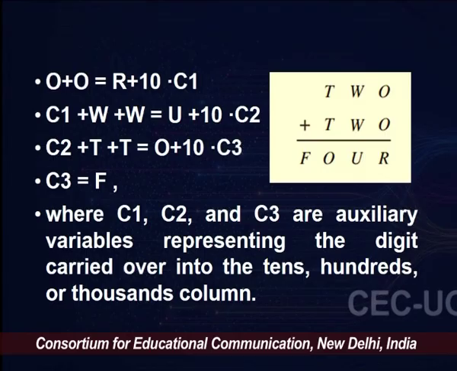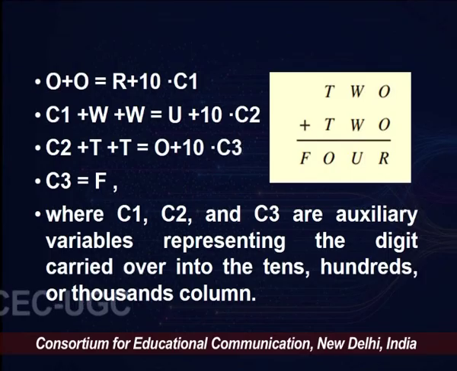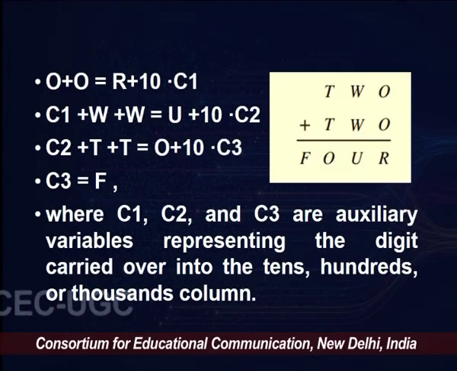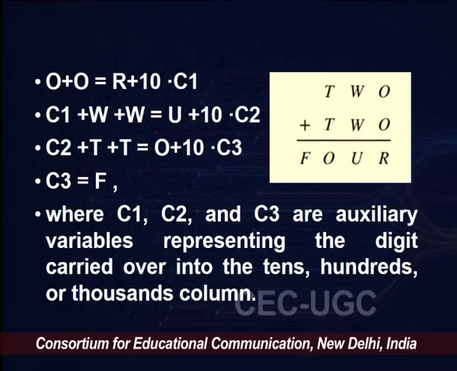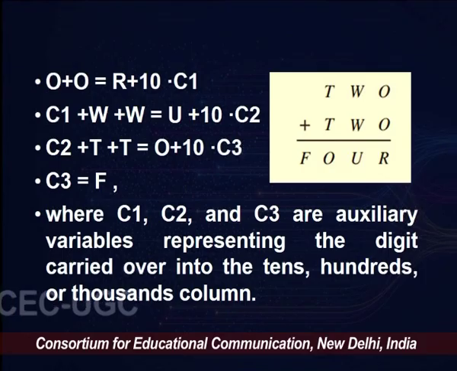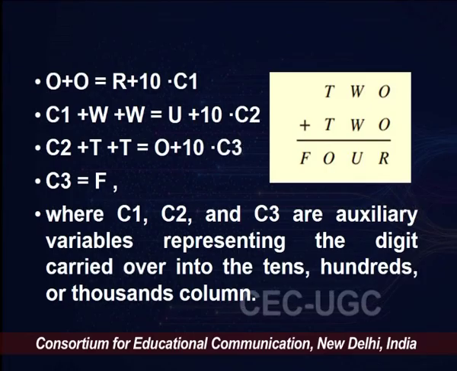Now, the two carries we have taken care of. It is also a possibility that the addition of this second column is going to generate another carry, which is C3. So, we need to accommodate C3 for the column T plus T. This C2, which was generated by W plus W, so C2 plus T plus T equals O plus 10 dot C3.